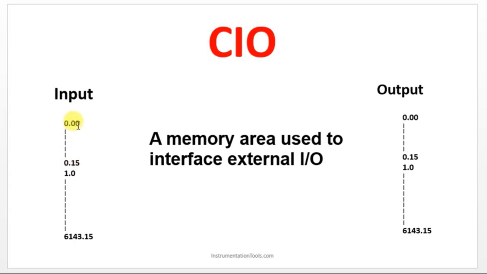So 0.00 to 0.15 is the first channel. Next it will start with 1.0, 1.1 like that it will go. So that's it for input addressing. So the input address of Omron will start from 0.00 and it will go till 6143.15.